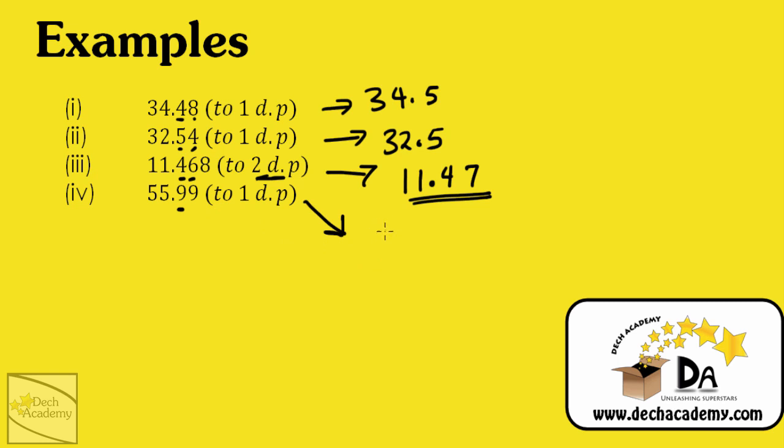And that gives, well, you round up 9 to 0, and you add 1 here, but 1 plus 9 is 10, so you have to write 0, and then carry 1 here to 5, which gives 6, and then we have 5, so it's 56.0, because you ignore every number after the nth decimal place. In this case, n is 1, so after the 1st decimal place, so 56.0 to 1 decimal place.